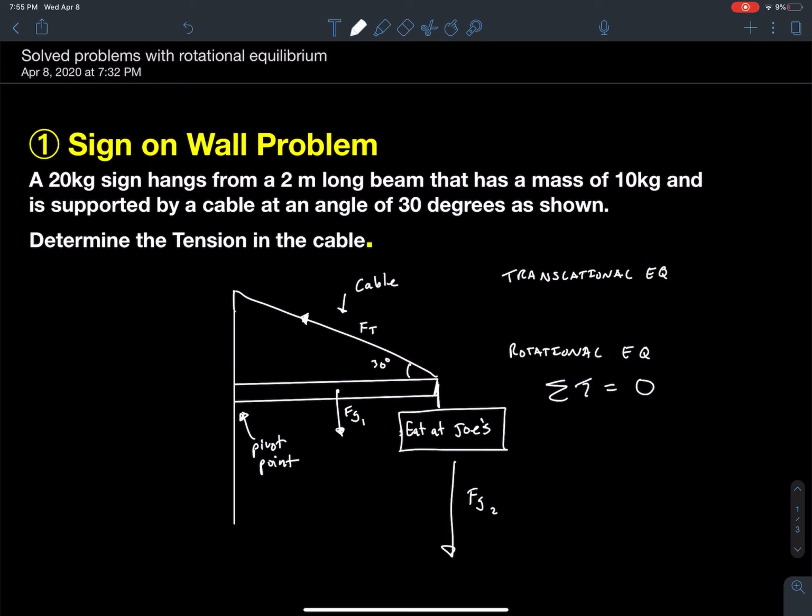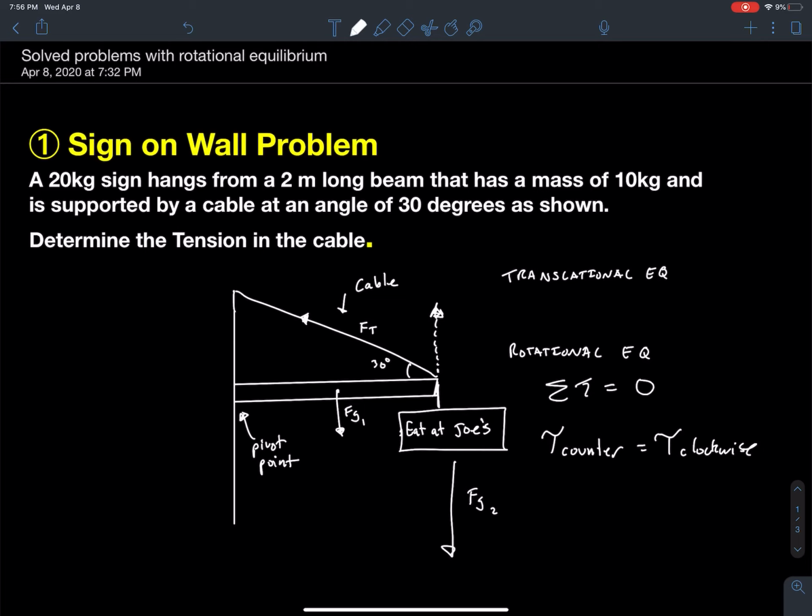Okay, so that means the torque counterclockwise is going to be equal to the torque clockwise. So what's the counterclockwise? The counterclockwise is going to be the component of force in that direction times the length of the beam.